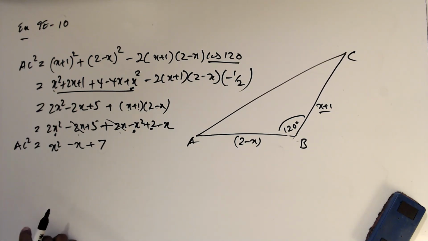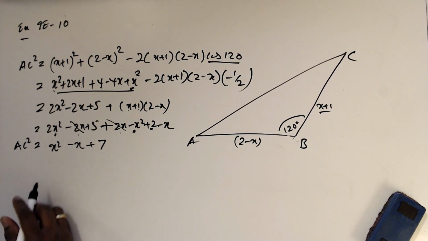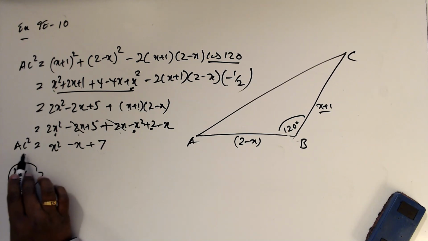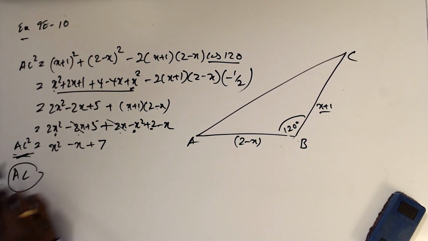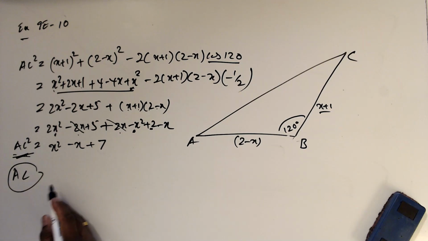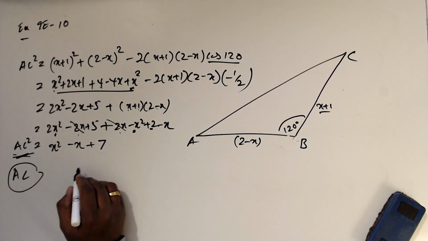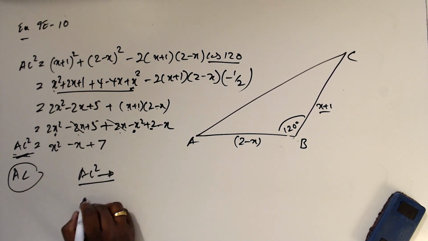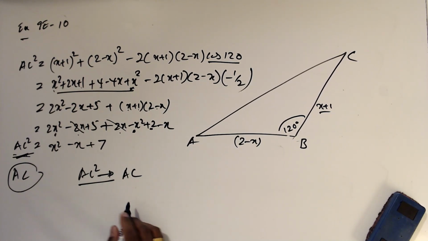Now part 2, find the value of x for which AC has the minimum value. So you want to find the minimum value of AC, but not AC square. But we know that if we find the minimum value for AC square, then that is where AC is minimum.